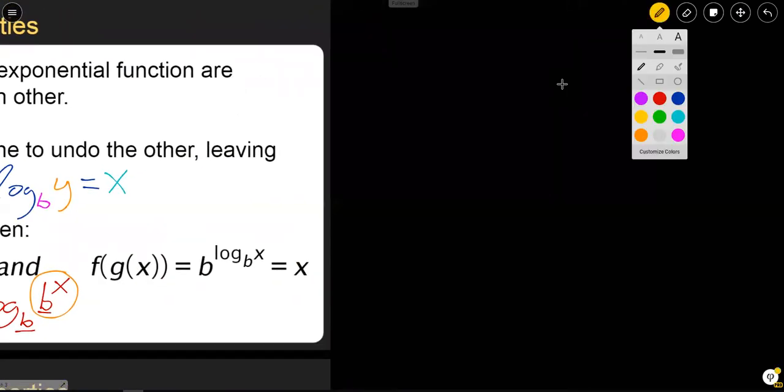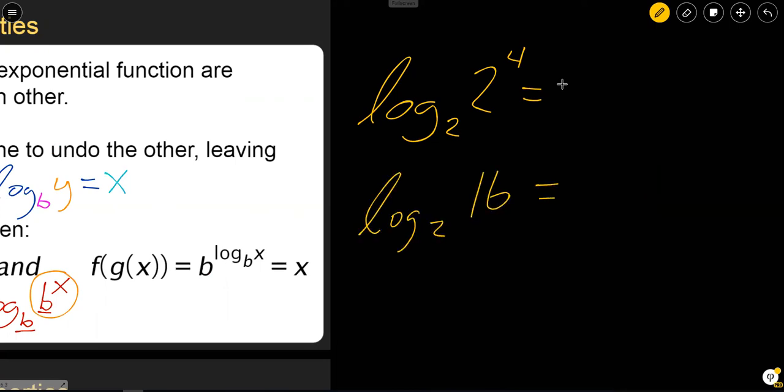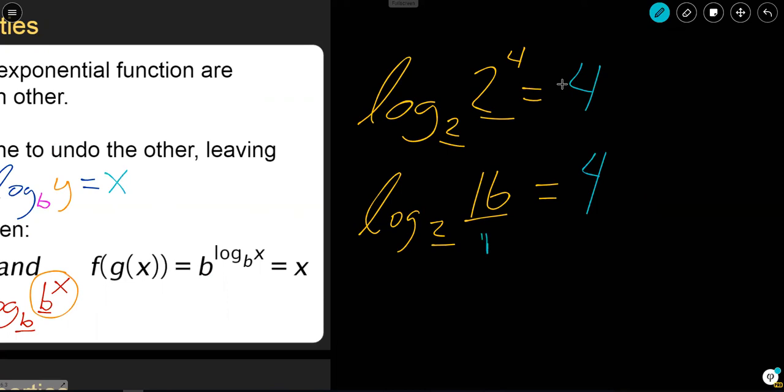Let me show you what that means with an example. So let's say I've got log base 2 of 2 to the 4th power. Well, this is just the same as log base 2 of 16. So it's saying what power of 2 will give me 16? Or in other words, what power of 2 will give me 2 to the 4th? Well, in both of these cases, it's 4. I evaluated 2 to the 4th here on the bottom, but I don't have to do that.